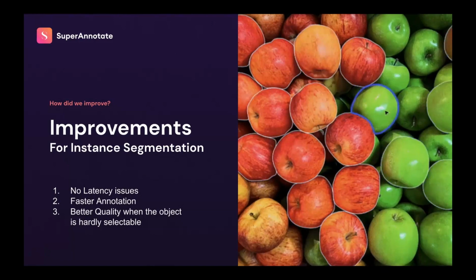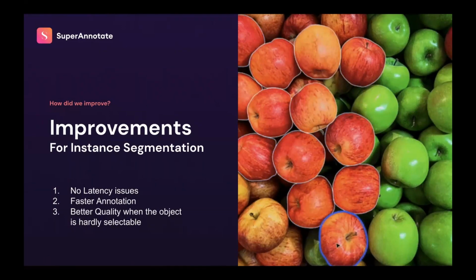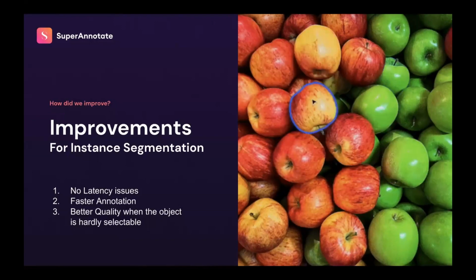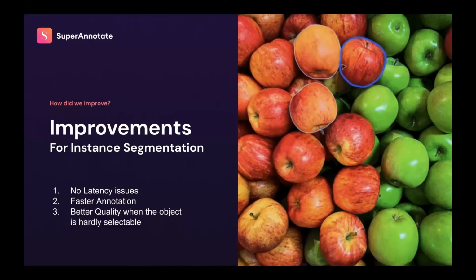You want almost a 10 millisecond gap instead of 200. As a result, we're providing faster annotations, and quality is also increasing in some cases, because as we'll see in the demo, sometimes you're not really catching the object. You need to click and then do a negative click. We have a different approach on that side.